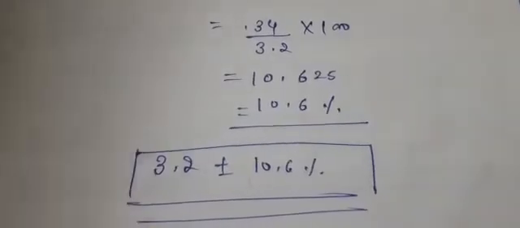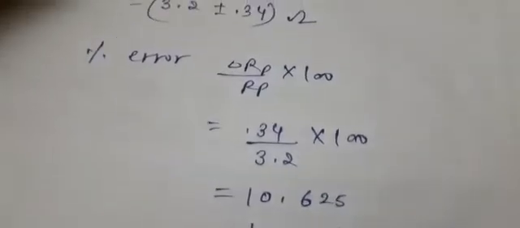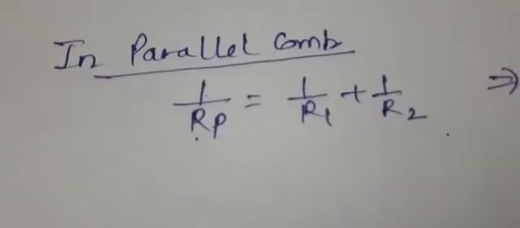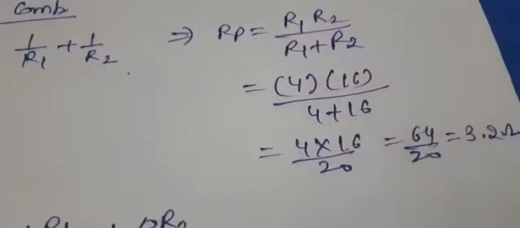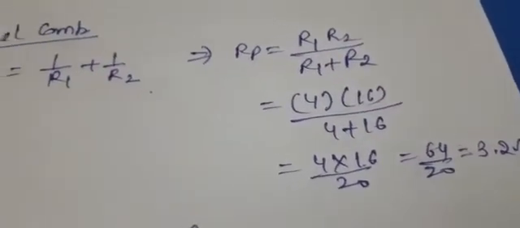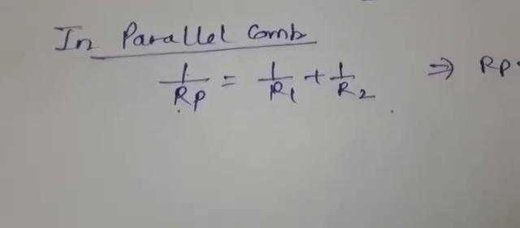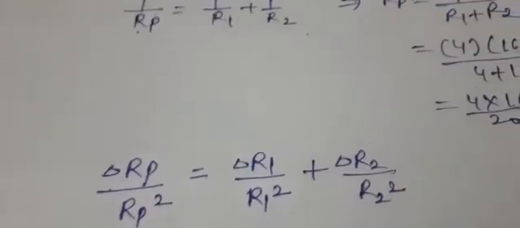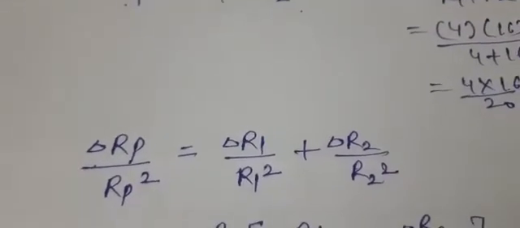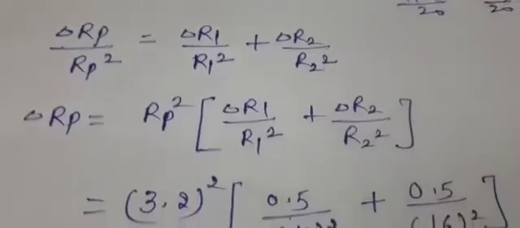I am just revising this concept because a new concept is introduced in the parallel combination. In parallel combination, the standard result you are familiar with, simply by solving it you get the result and calculate the resistance. But now, when you have to find the absolute error, in that case we are learning this result and then substituting the values.